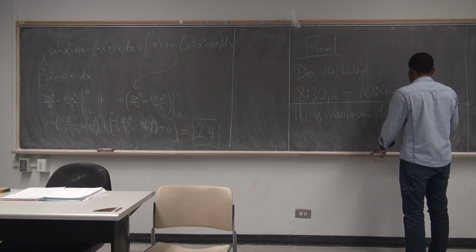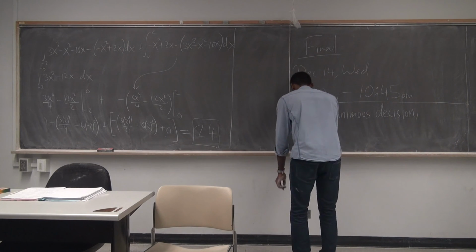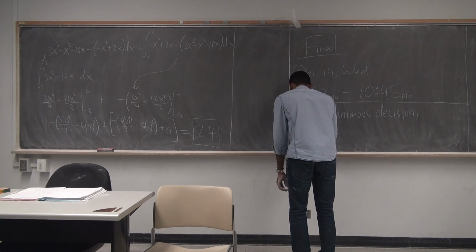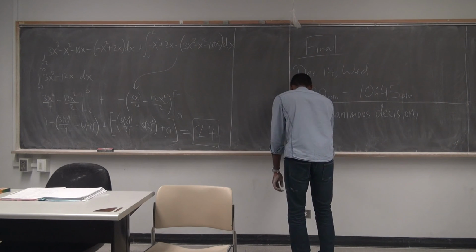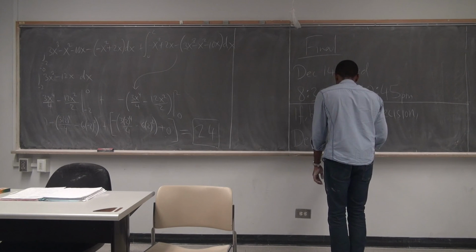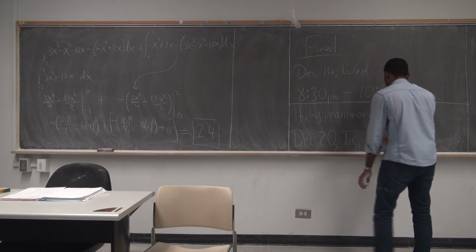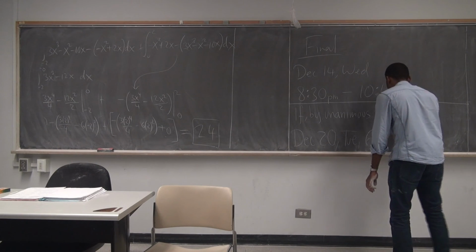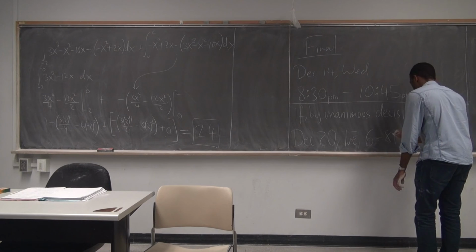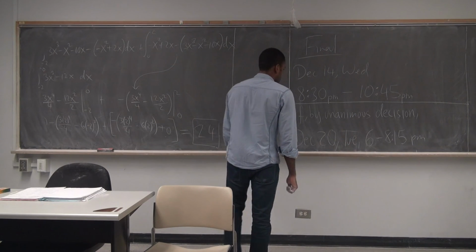You guys have another option, but it has to be by unanimous decision. So if one person can't do it, then it'll get scrapped. You could do the final on December 20th. The thing is that would be a Tuesday, but the nice thing about that, it would be from 6 to 8:15. Which test would be harder?